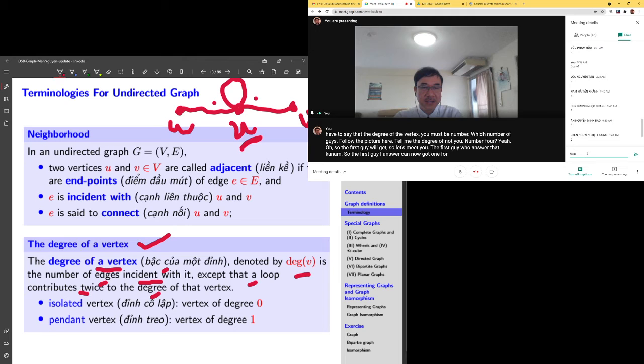Then we go back to theory here. If the degree of some vertex is 0, we call that vertex isolated. And if the degree of the vertex is 1, we call it a pendant vertex. So more than 10 definitions so far, maybe 30 or something like that. This example I don't show. I just show you the graphs, the left hand side and the right hand side here.